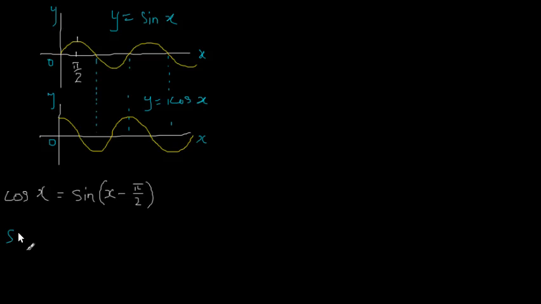Like for simple harmonic motion, you might see a formula for the displacement x written as x naught sine omega t, and for alternating current, you might see the voltage written as V naught times sine omega t.